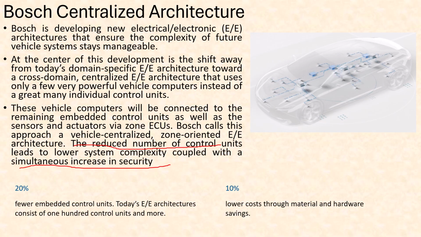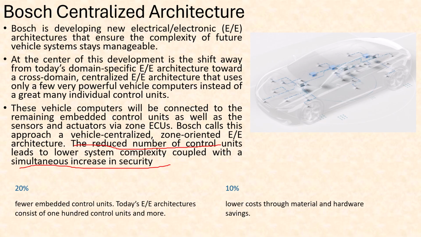Okay, this security is actually a double-edged knife because it is definitely reducing the number of entry points or attack points. But once a hacker successfully enters a particular ECU, he will have access to all the functionalities. So, as long as nobody can hack, this centralized architecture is definitely safer than distributed architecture. But if somebody successfully attacks, then he has access to all the functionalities. So, this is like a double-edged sword, where it has both advantages and disadvantages.